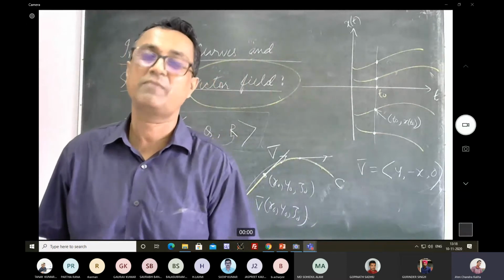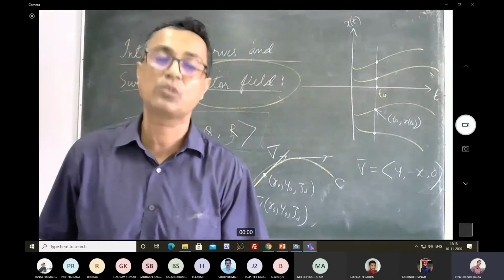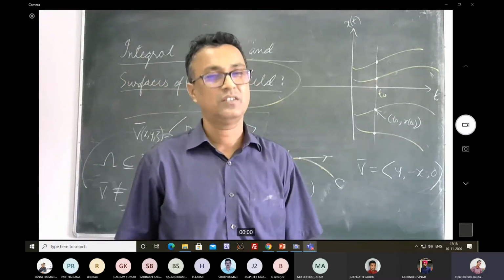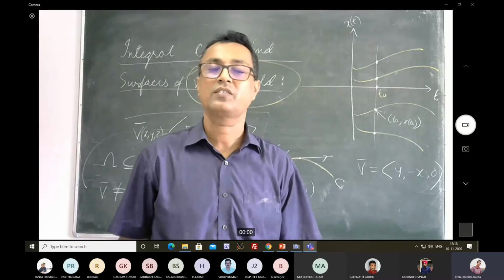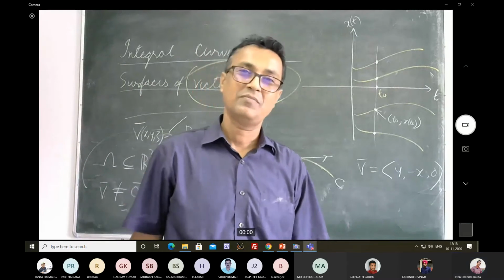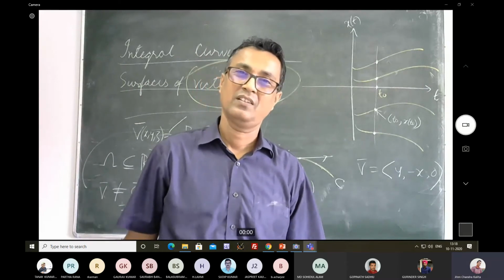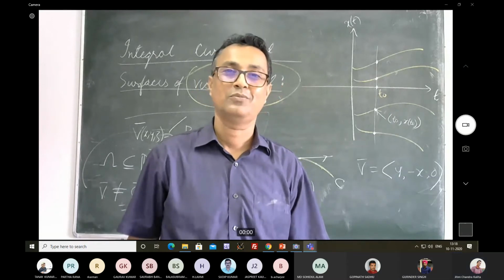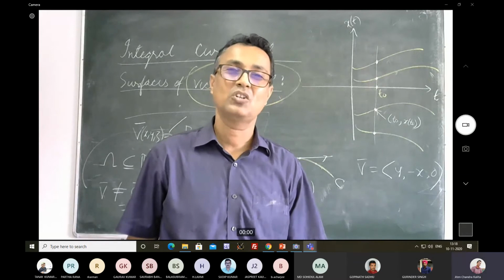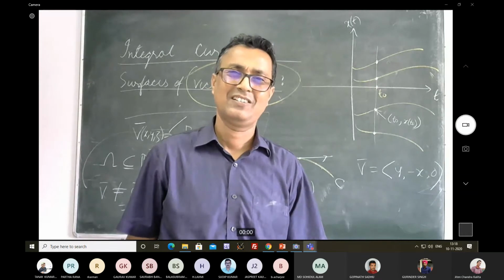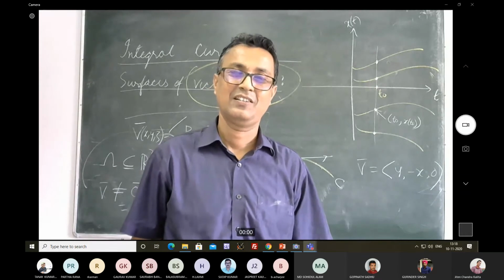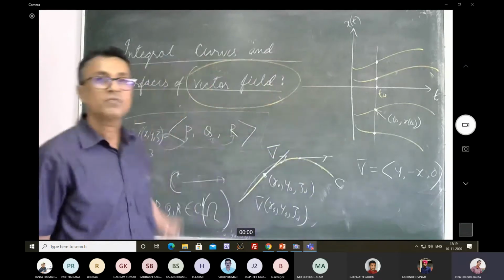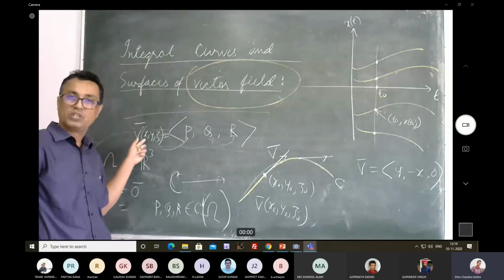The vector field must be defined in some domain which doesn't include the Z-axis, isn't it? Is it okay? Why is that so? Because the prerequisite for defining an integral curve is that, firstly, the vector has to be non-vanishing.